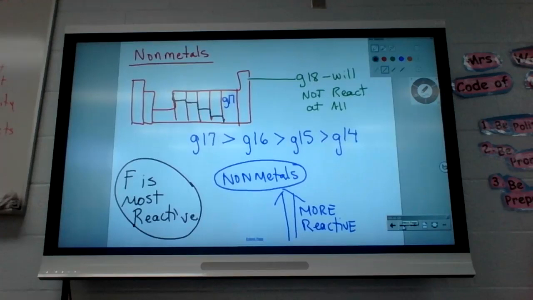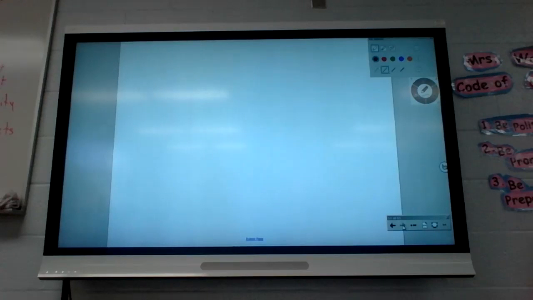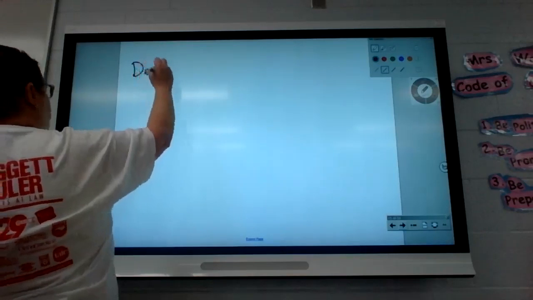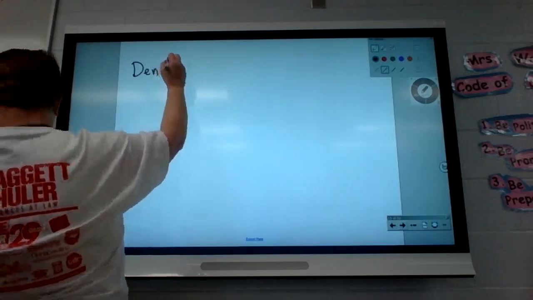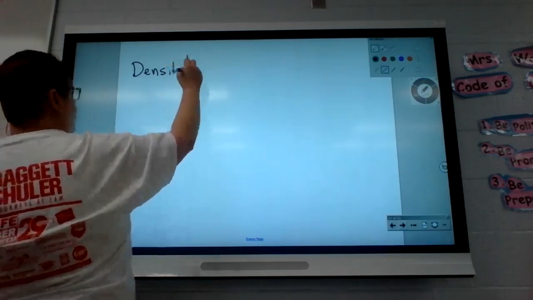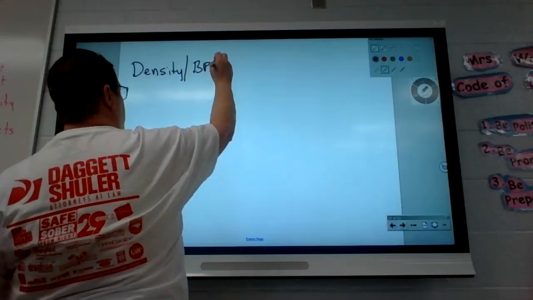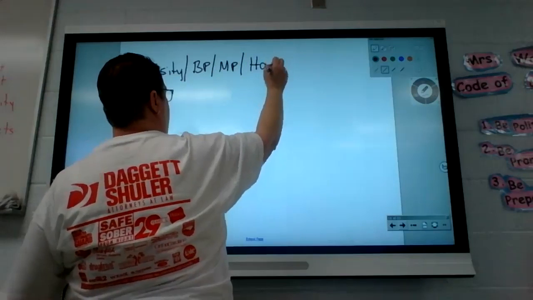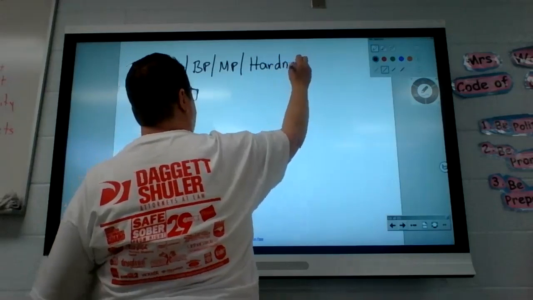All right. Now, our last trend that we're going to use before we practice is density, boiling point, melting point, and hardness, for my students who were yelling soft a while ago.